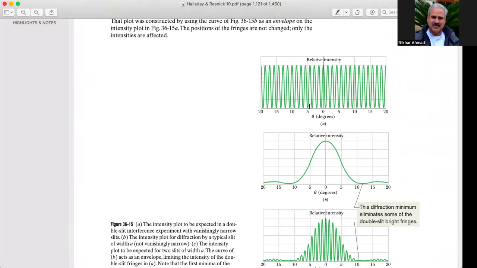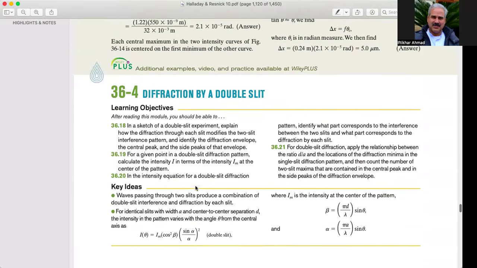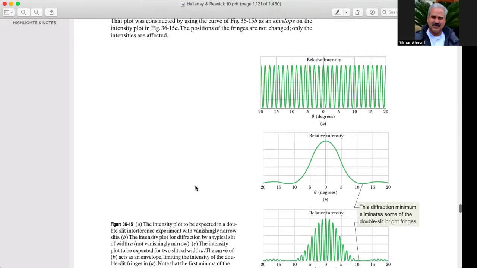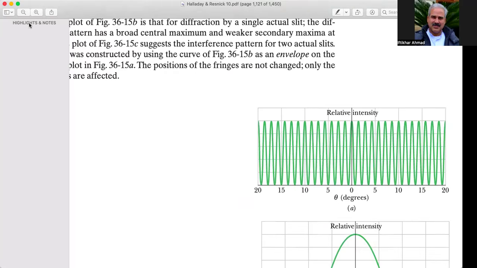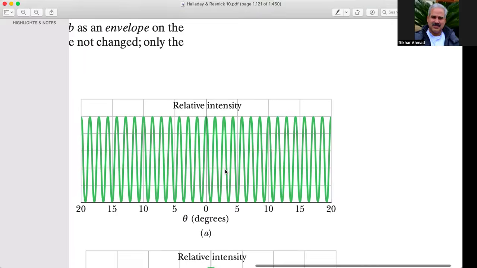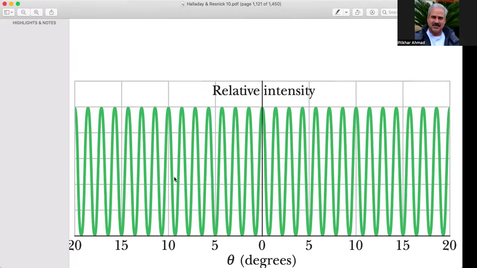So when the light passes through both of those slits, that will give us a pattern like this. And generally, this is called interference. This is coming from two slits, and both the slits are comparable to the wavelength.